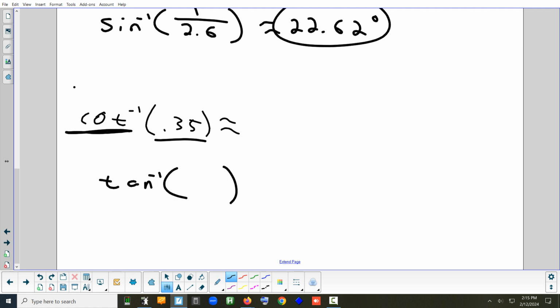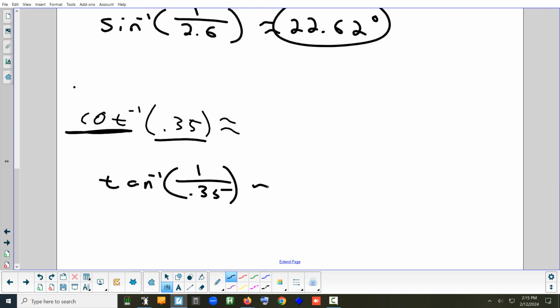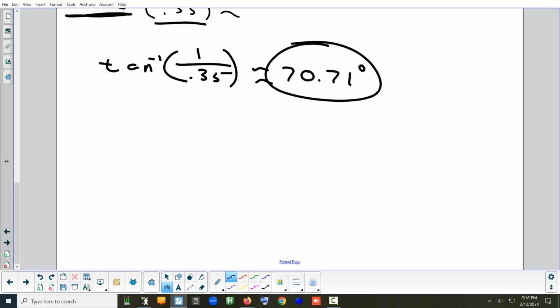So you change it to the one that it's connected with when you flip it. And now don't put 0.35. What's going to go inside here? 1 over 0.35. Yep. Okay, so inverse tangent, 1 over 0.35. 70.71 degrees. Any question on that one?